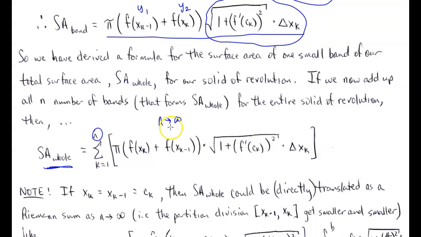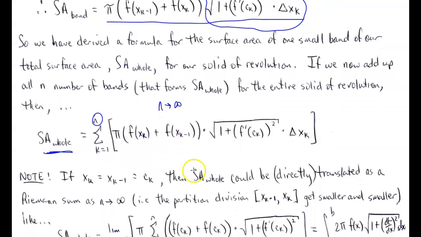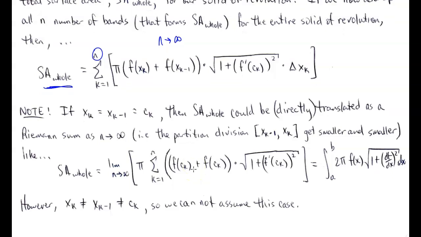And to do that, I would have to make the number of those rulers that I use be an infinite amount. Now, if that happens, then notice that this value x sub k and x sub k minus 1 will continue to squeeze towards each other. It'll be more like this.